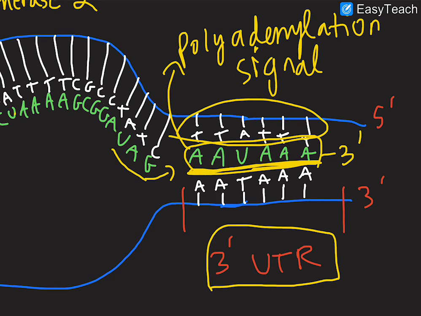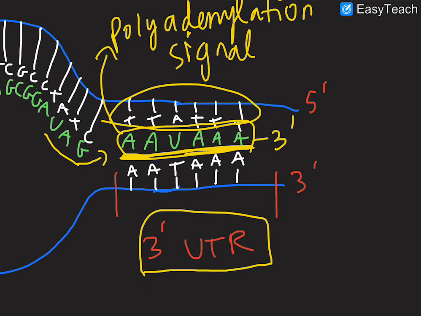We don't have to go into detail about this, but what happens is an endonuclease would come in and cleave around 20 nucleotides this way of where RNA polymerase 2 stopped, because technically RNA polymerase 2 could go a little bit further, until around 20 nucleotides, and then endonucleases would come and cleave it.